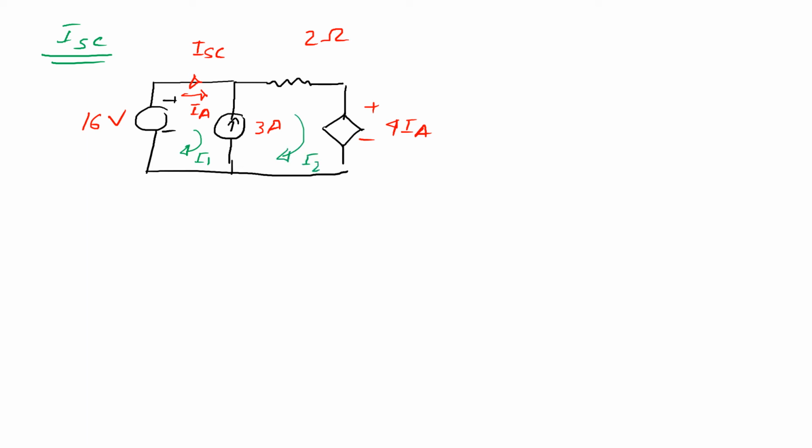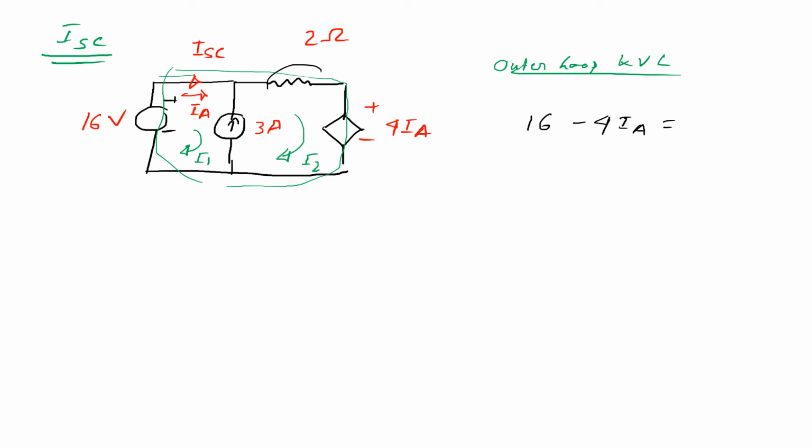Now if you apply the KVL equation in this outer loop, we can write 16 minus 4IA, which is equal to the potential drop across the 2 ohm resistance, that is 2I2.